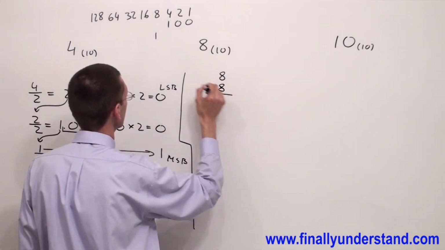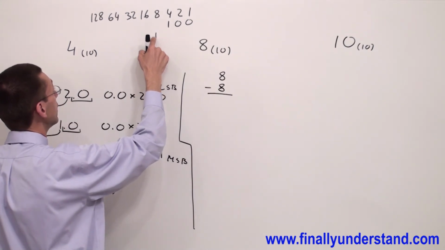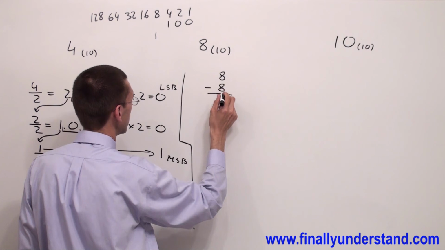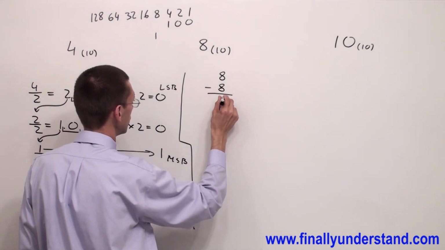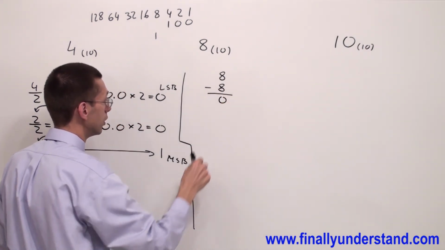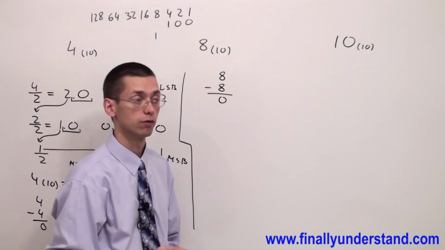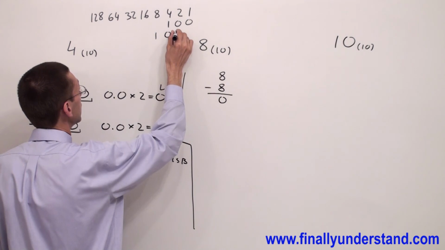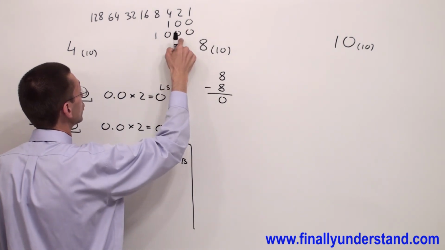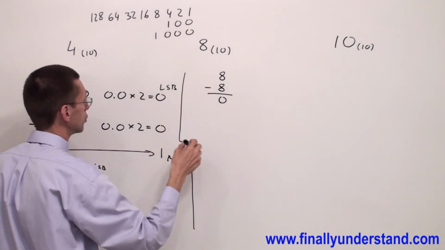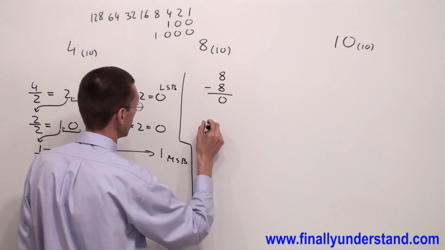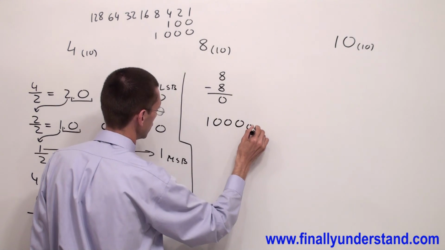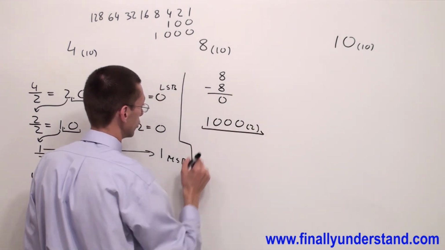And because I subtract 8, I have to mark 8 with a 1. And 8 minus 8 is equal to 0. If you end up with 0, it means the problem is solved. Everything else to the right side is supposed to be filled up with zeros. So my binary 8 is 1, 0, 0, 0. This is base 2, and this is the solution to my problem.